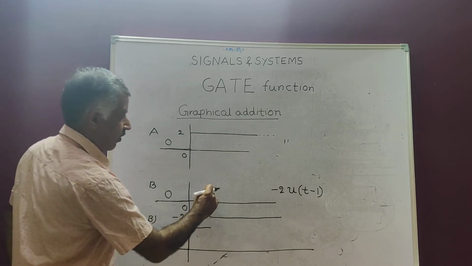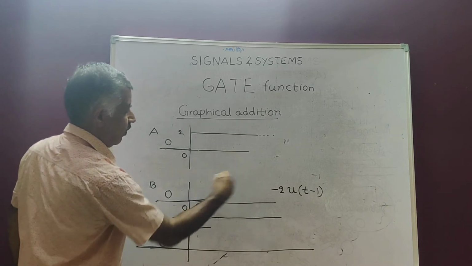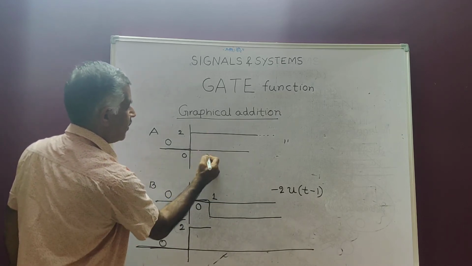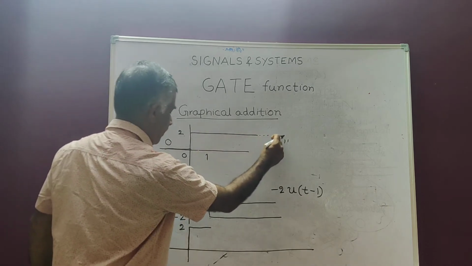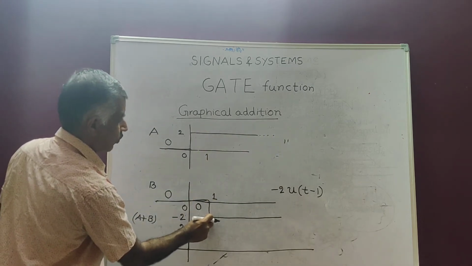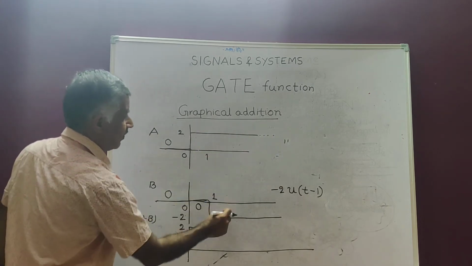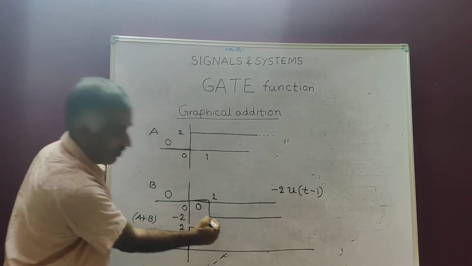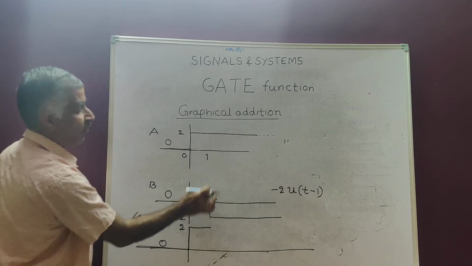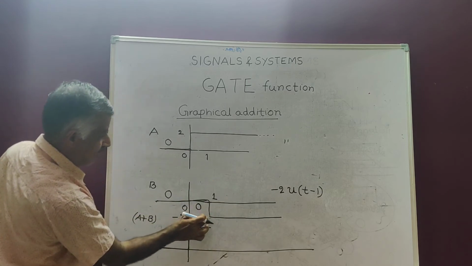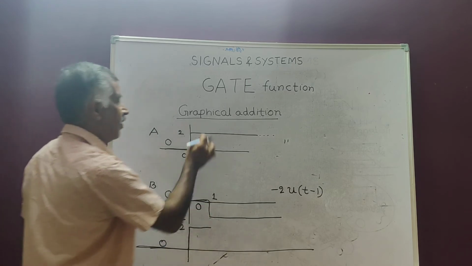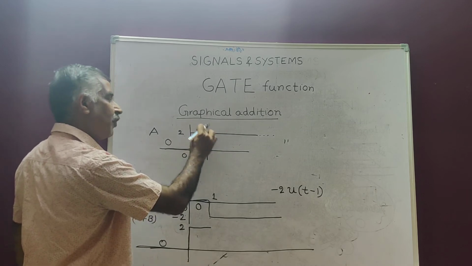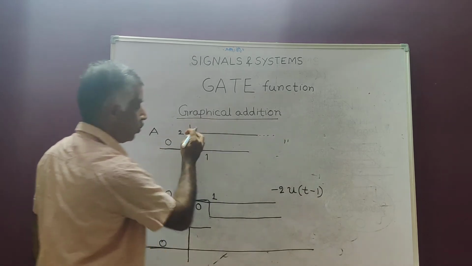Next, from 1 onwards, waveform B has a value of minus 2, whereas waveform A after 1 also continues with 2.